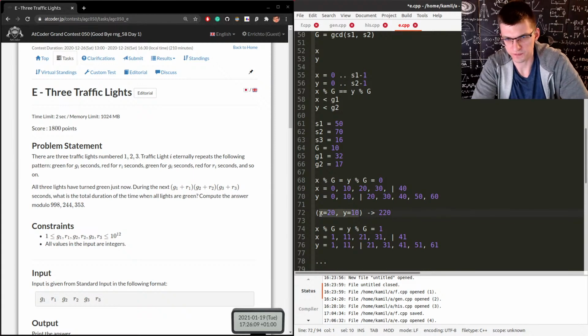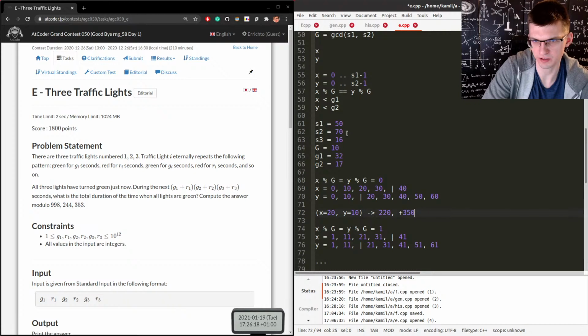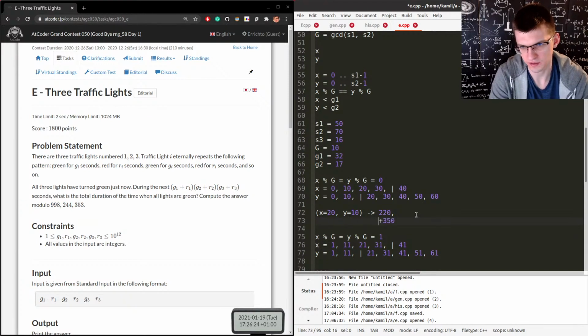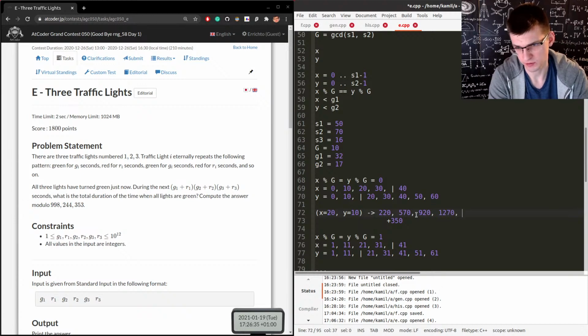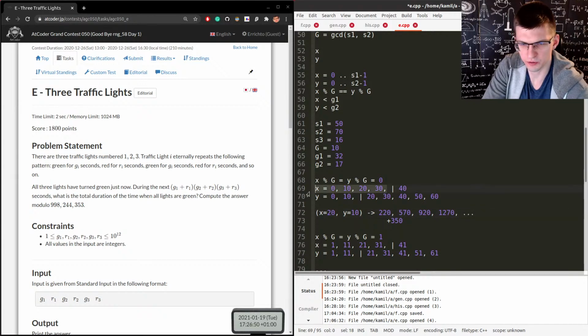It would be nice to say that when investigating those triples, so 220, then the next one, because we can add 350, not to mess up remainders modulo S1 and S2, which means that the next such number is 570. Then this plus 350 is 920, 1270, and so on. All those numbers, because of this pair, have green light. I mean, the first two lights are green.